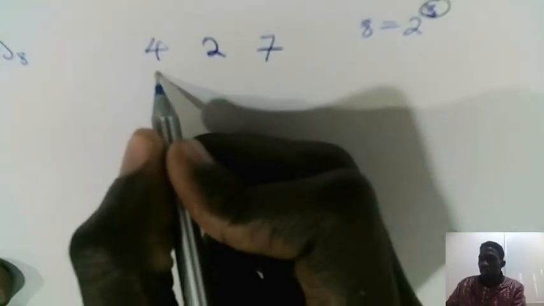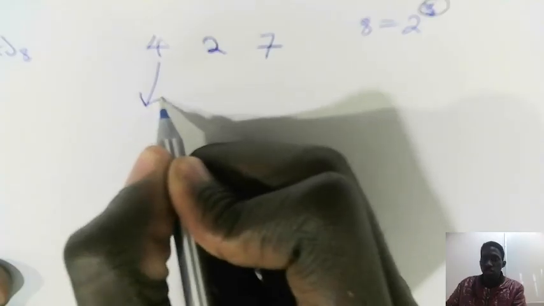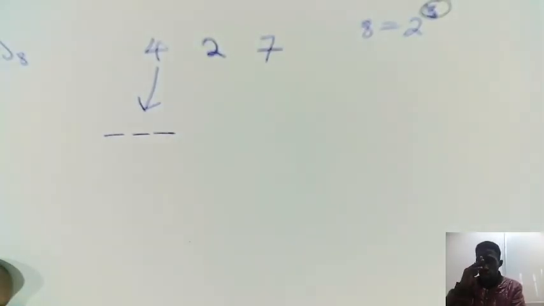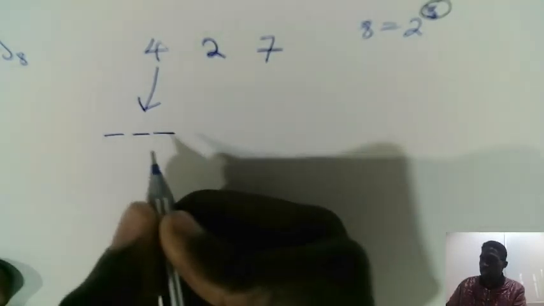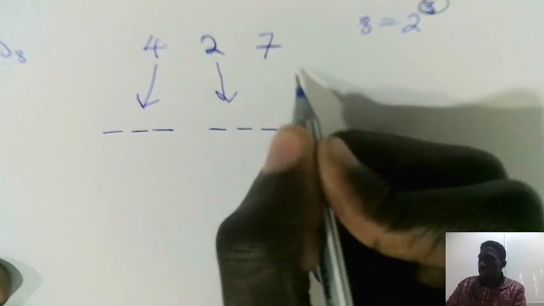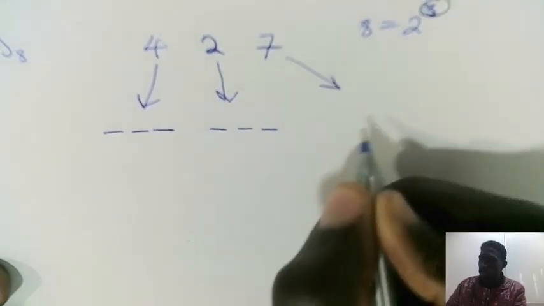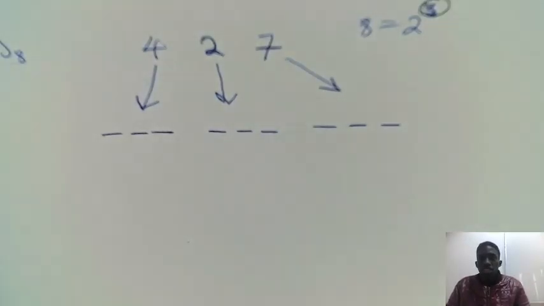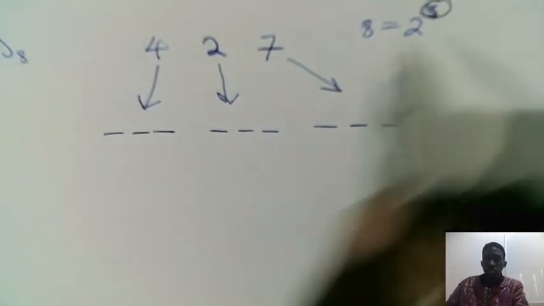This is what I mean. 4 here is going to give you 3 digits in base 2. 2 is going to give you 3 digits also, and 7 is going to give you 3 digits also. So each of these base 8 digits gives you a 3-bit number.